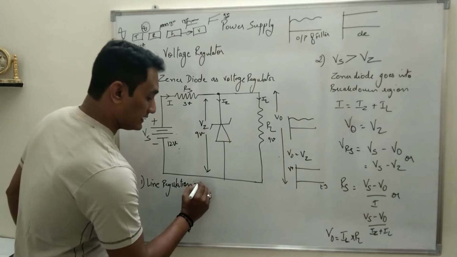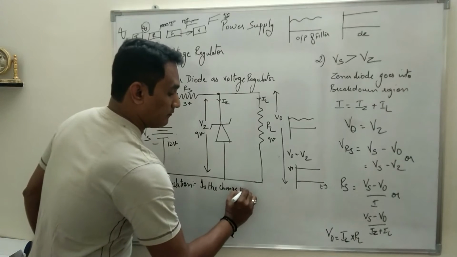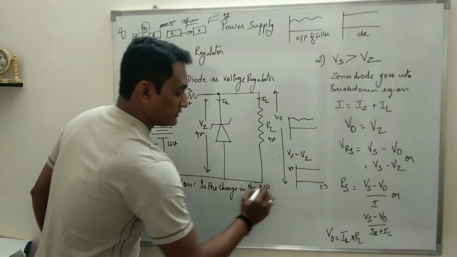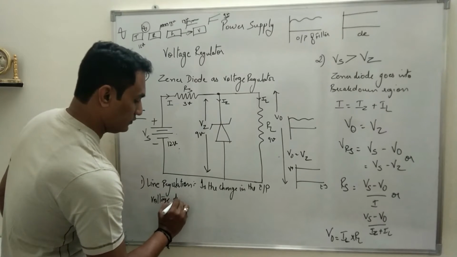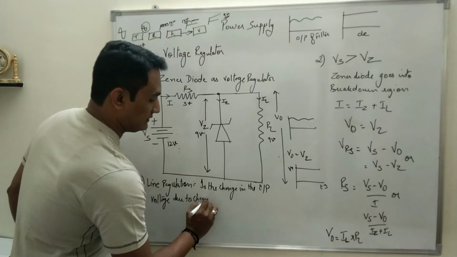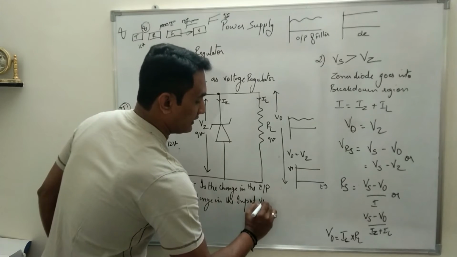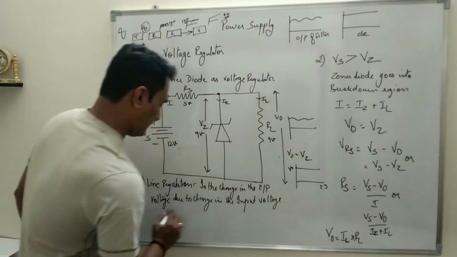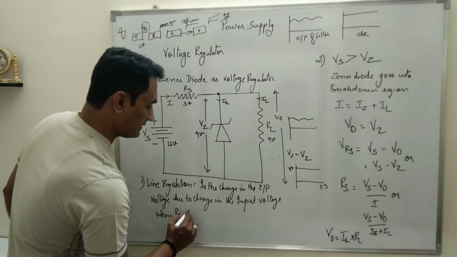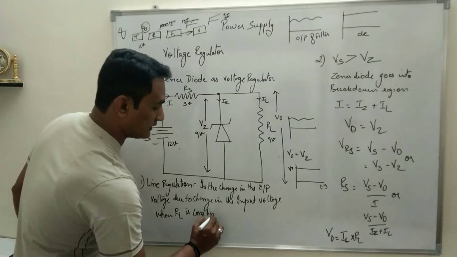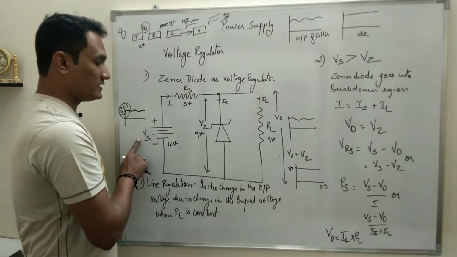Line regulation is the change in the output voltage due to change in the input voltage when RL, that is load resistance, is constant. When RL is constant, that means change in the output voltage due to change in the input voltage when load resistance is constant.